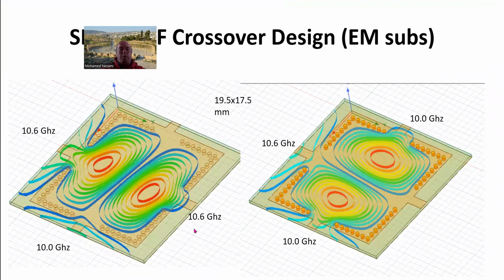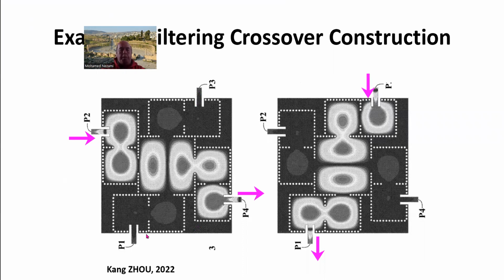Okay, so here is a filter, and this filter basically is a nice filter. You can see that it uses what we just designed, which is the square or rectangular patch resonator. And then of course you cascade, you stack more of these, and you get a nice frequency response.